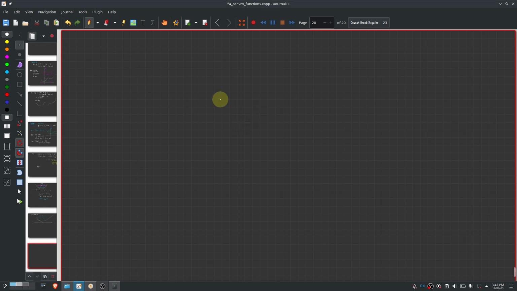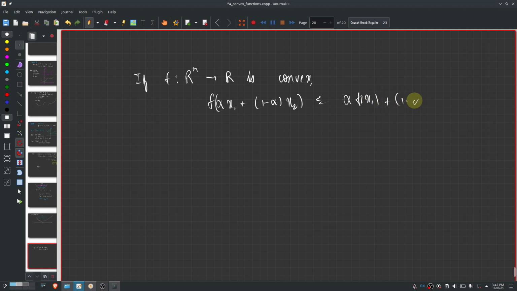If f from Rn to R is convex, then we know that f of alpha x1 plus 1 minus alpha x2 is less than or equal to alpha f of x1 plus 1 minus alpha f of x2.